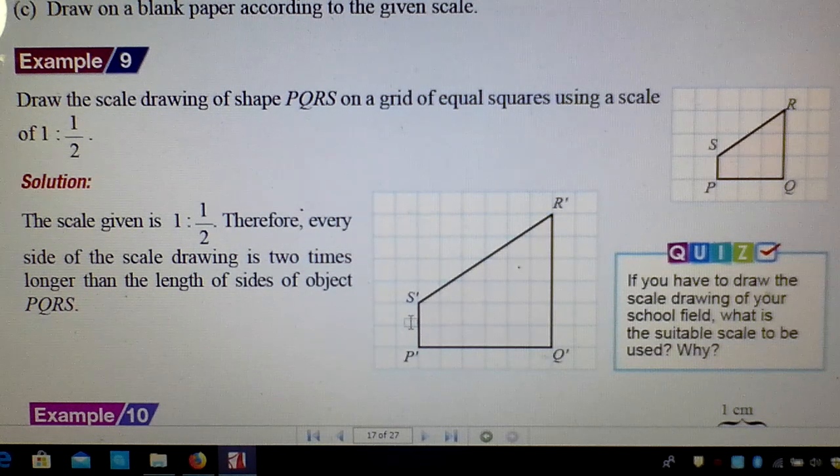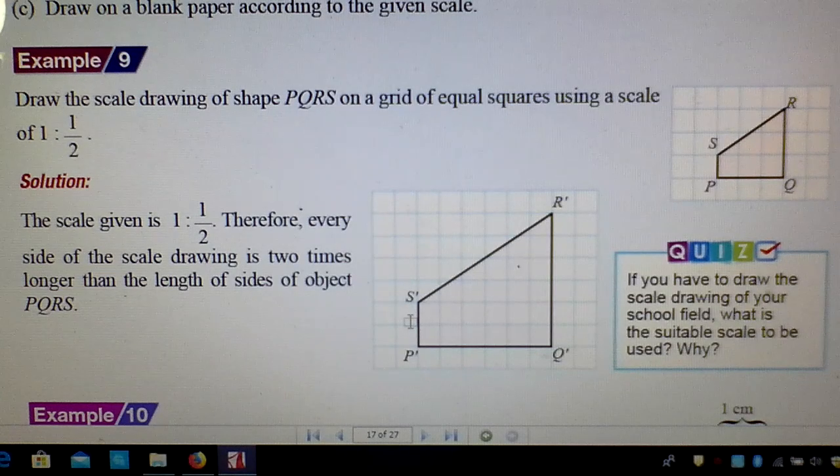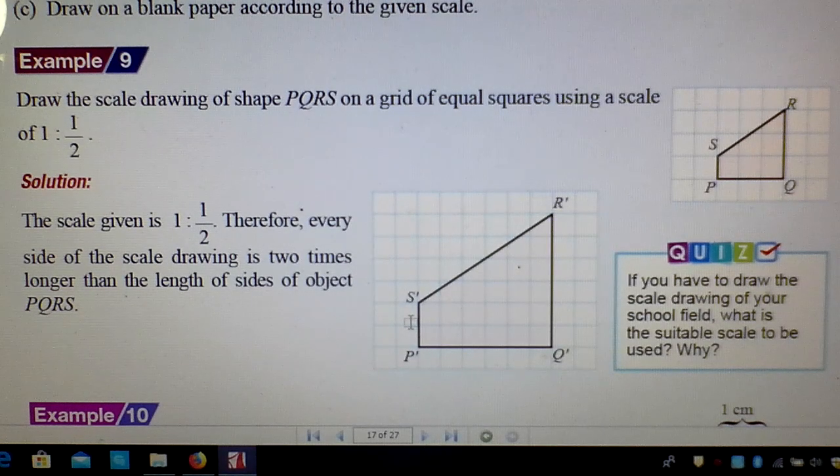Remember, if n is less than 1, the drawing is bigger than the object. So here 1 to half means 2 to 1. The drawing is 2 times the object. Okay, so 2 times bigger.